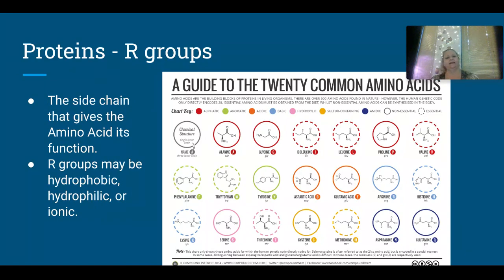And depending on their structure and what they are, determines how they're going to interact with the other amino acids and with the environment. And that is going to determine overall the shape of the protein.